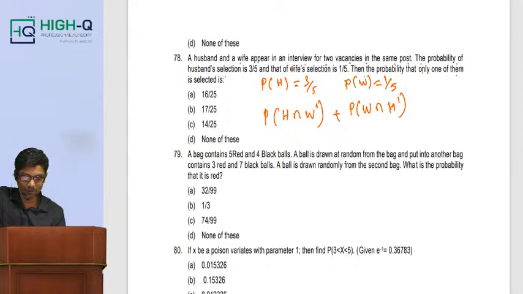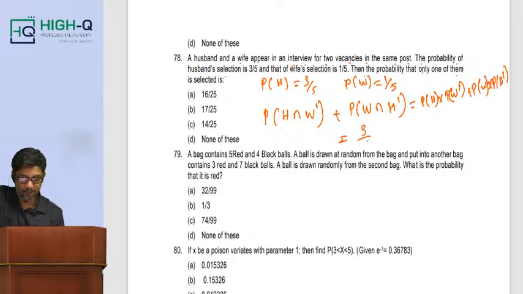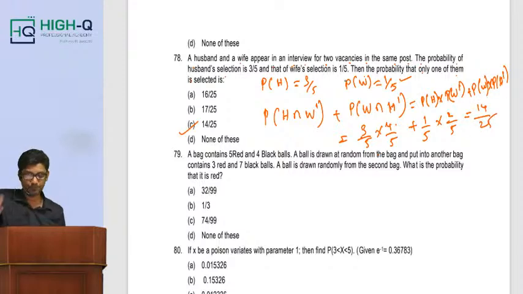It is nothing but probability of husband into probability of wife dash plus probability of wife into probability of husband dash. Now probability of husband is 3 by 5, wife dash 4 by 5, plus probability of wife is 1 by 5, husband dash 2 by 5, is equal to 12 by 25 plus 2 by 25, which is nothing but 14 by 25 and over.